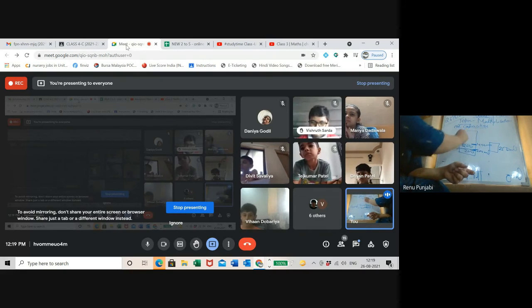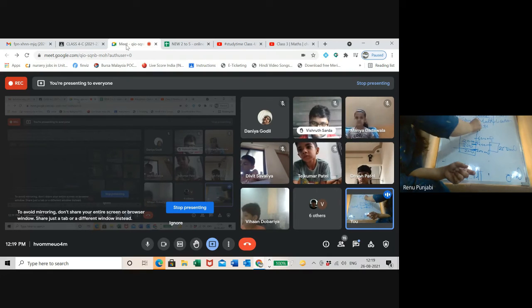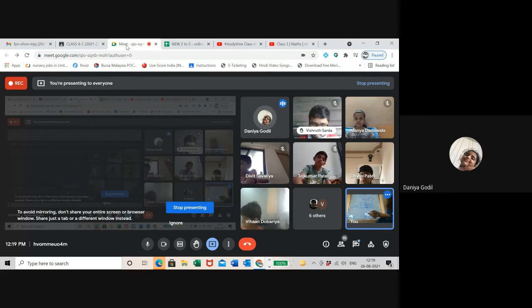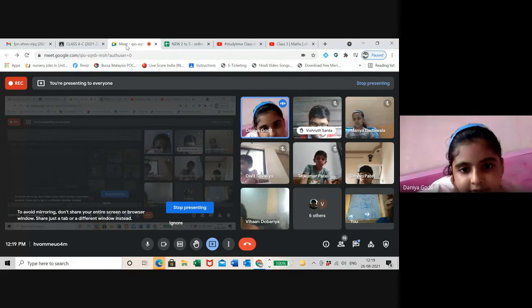Then again if you put 200 milliliter water in this, the water level increases to 600 milliliter, because again you are adding 200 milliliter. Keep on filling that till it goes to 1 liter, and keep on marking that. Got it? Then it will become your 1 liter measuring bottle.